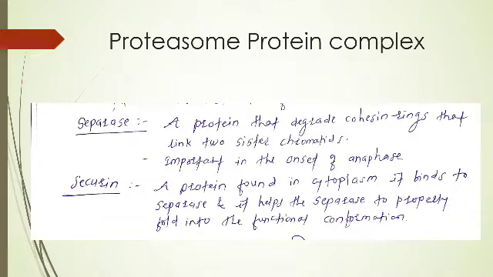What separase is doing here is degrading the cohesin, and if the cohesin gets degraded, the two sister chromatids separate, and after their separation they are pulled towards the opposite ends by the spindle fibers. We will see that later on.